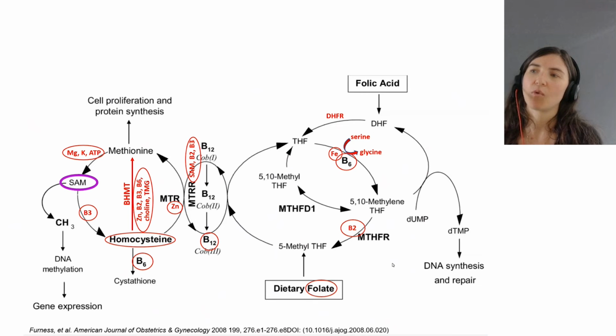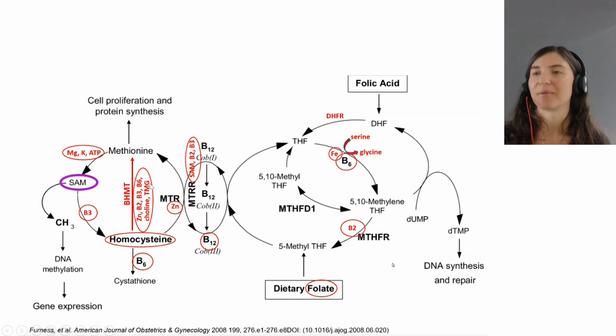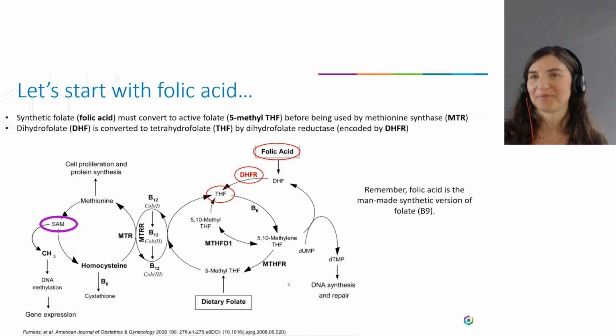This shows one carbon metabolism. We've got the folate cycle, the methionine cycle. But see here, this little purple, this is SAM. This is how we create SAM in our bodies, and this is happening all the time. These cycles are taking place right now in our bodies. Pretty cool.